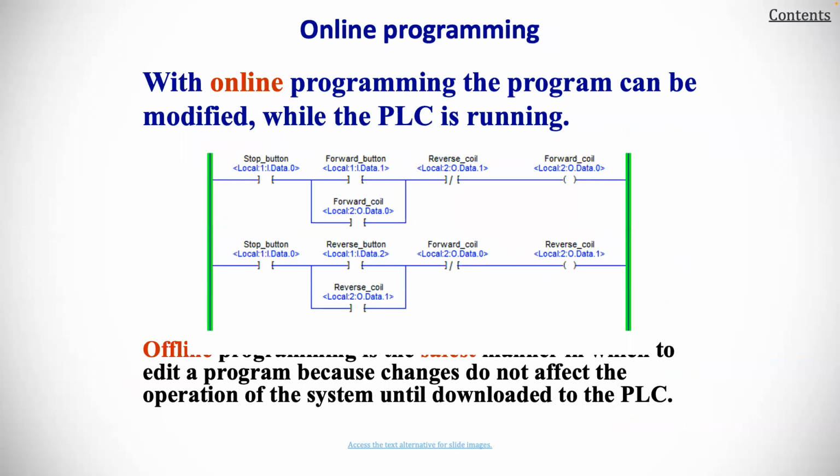With online programming, the program can be modified while the PLC is working. That can be a useful feature. Offline programming is the safest manner in which to edit a program because changes do not affect the operation of the system until they are downloaded to the PLC.